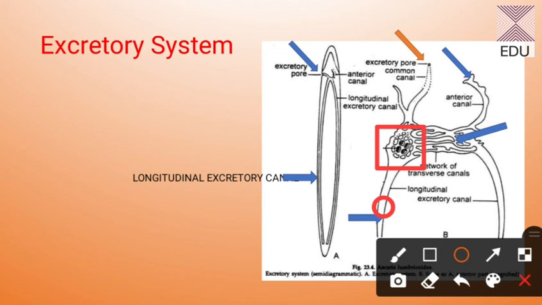One nucleus has been seen on this excretory canal, and one nucleus has been seen on the transverse network here. So up till now, 4 nuclei have been seen in this particular excretory system.